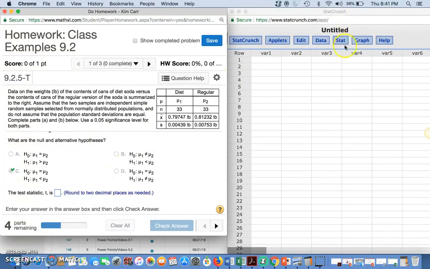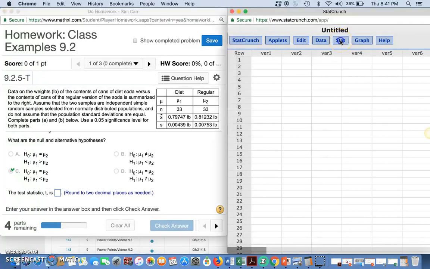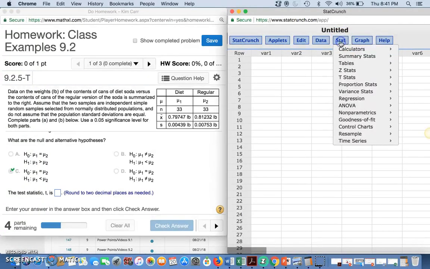Okay, now we'll run the test very much like we did in 9.1, except this time we will be running a T with 2, and we've got summary data.